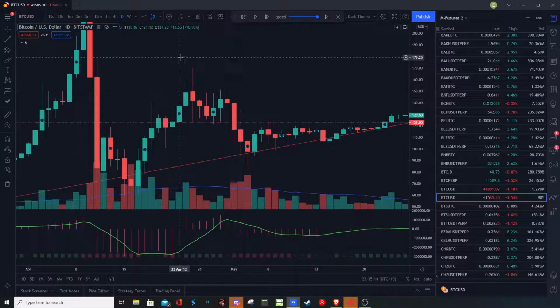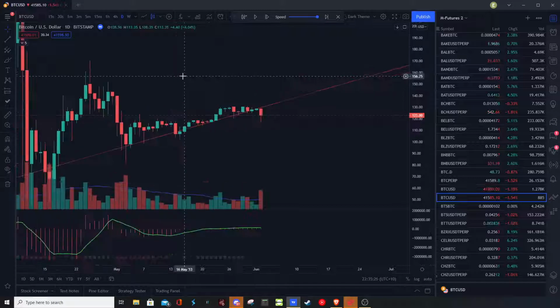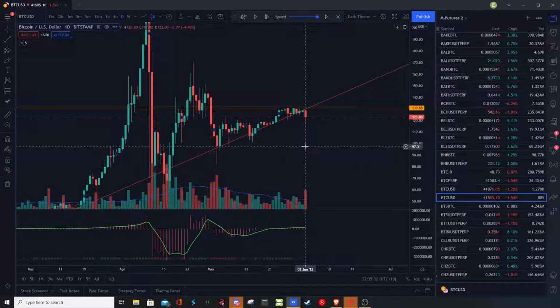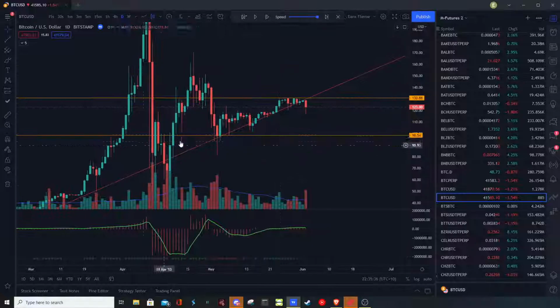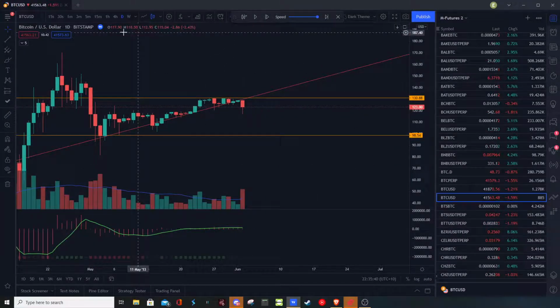So lower high, lower high, lower high, high low, high low, high low, high low, higher high, high low, lower high, lower low, right? So that's sort of our consolidation range at the moment. It's a daily time frame.